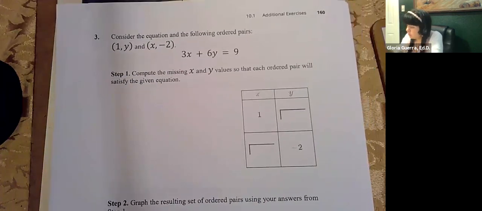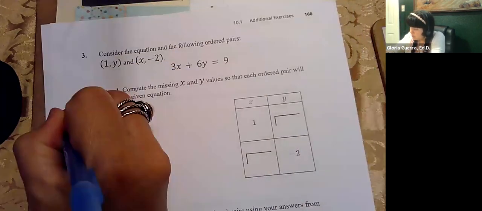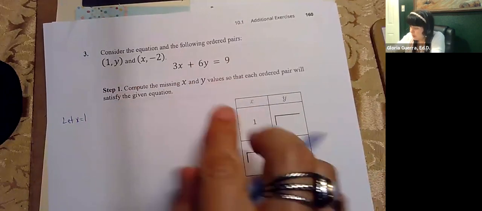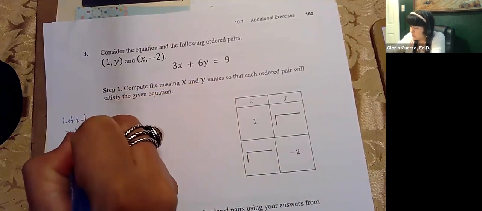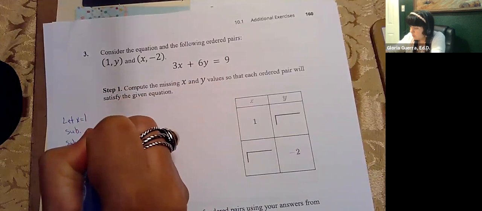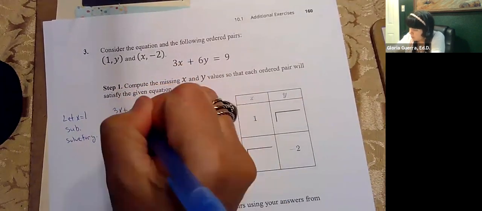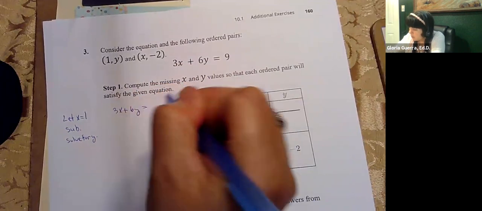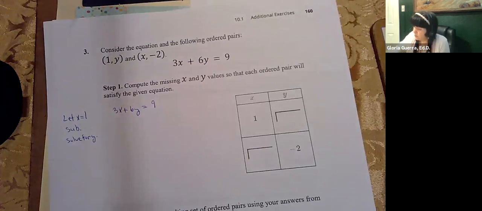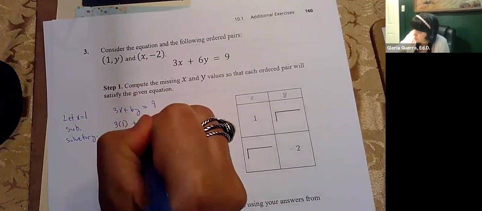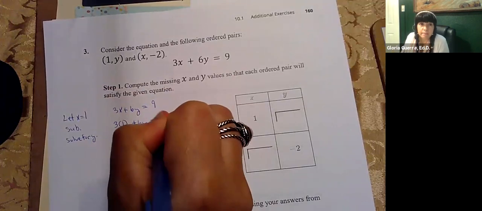Okay, so for the first one, we're going to let x equal 1 because that's assigned, and we're going to substitute it, and then we're going to solve for the other letter, y. So you have 3x plus 6y equals 9. And everywhere you have an x, you're going to plug in a 1. 3 times 1 plus 6y equals 9.